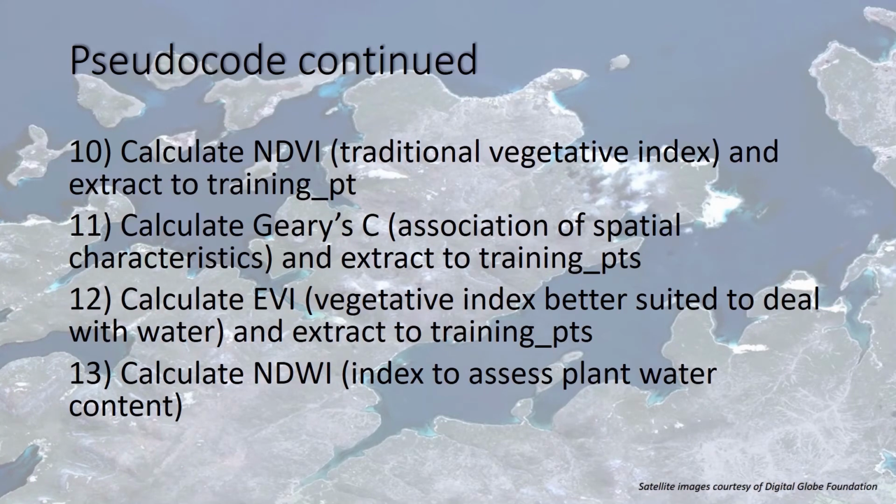But the power of the random forest classifier is you can feed it as much information as you want, and it will pick out the most suitable layers. Let's call them layers. So you've got all of your bands from your images, you've got all the indices, you've got your slope, your DEM, whatever is in your list, and then the random forest classifier will cut down all of those based on what you're trying to classify, based on your training data from the field.